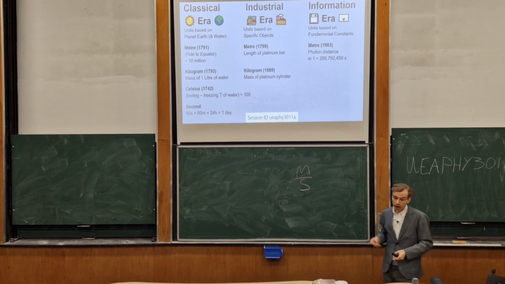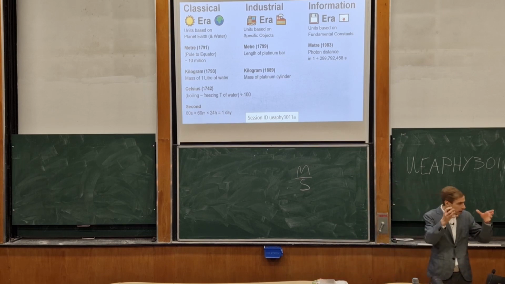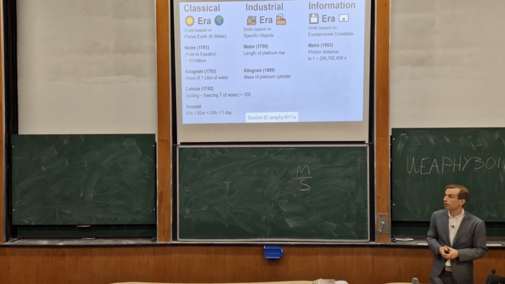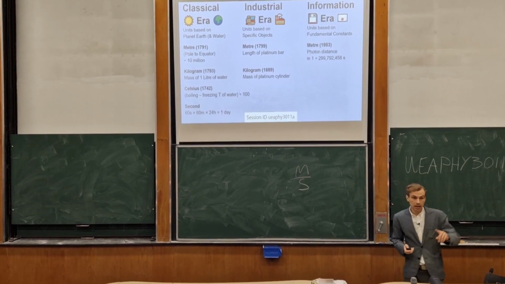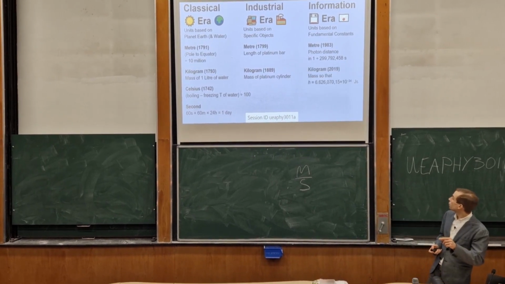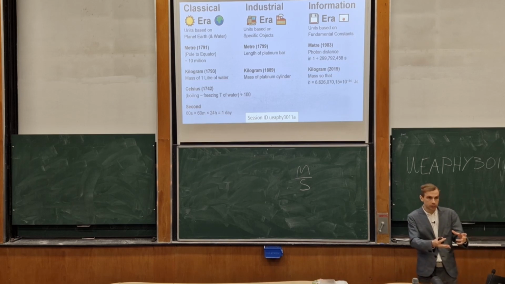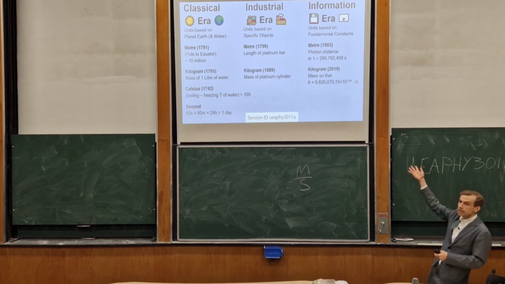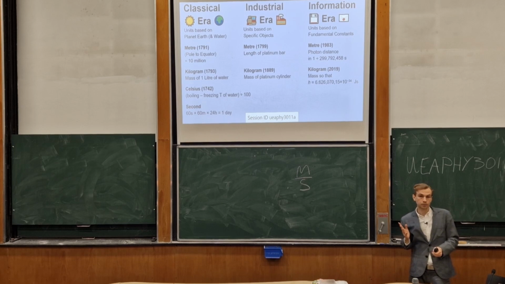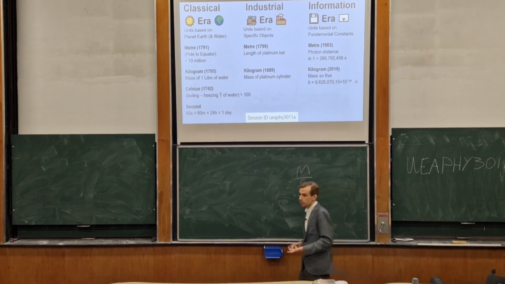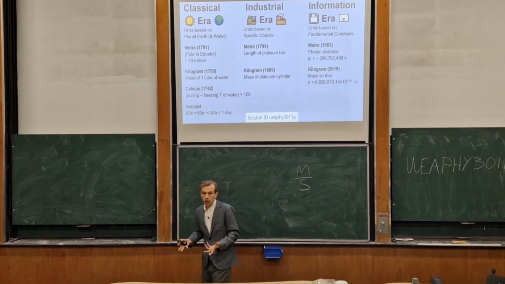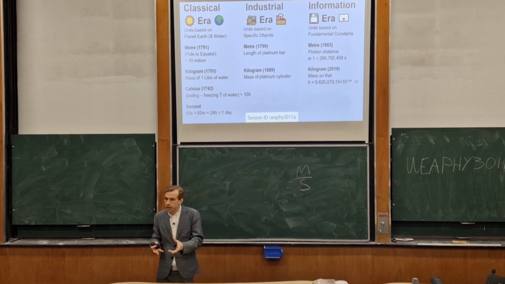So with the kilogram, until very recently, the kilogram was just the mass of this platinum cylinder. Now the kilogram is defined as the particular mass so that Planck's constant comes out at this exact value here. We're going to learn about what Planck's constant is next semester. Let's not worry too much about all the details of this.